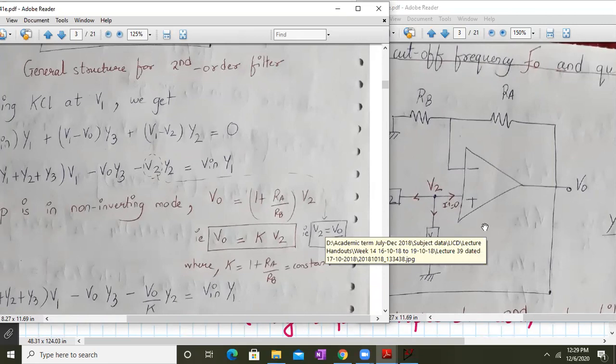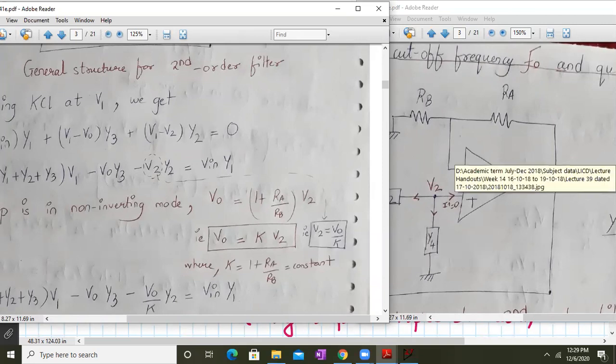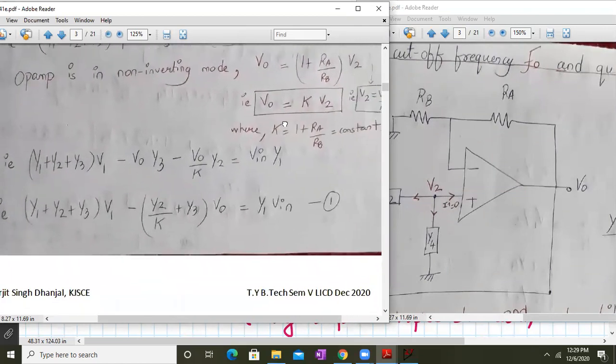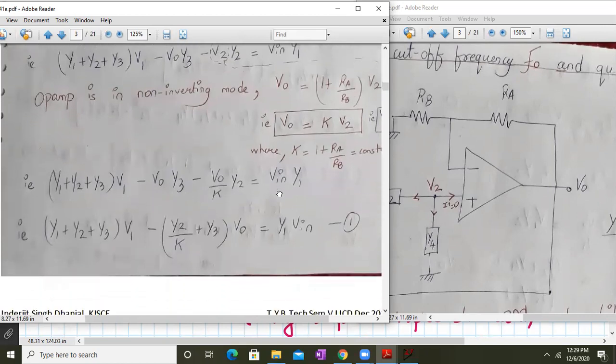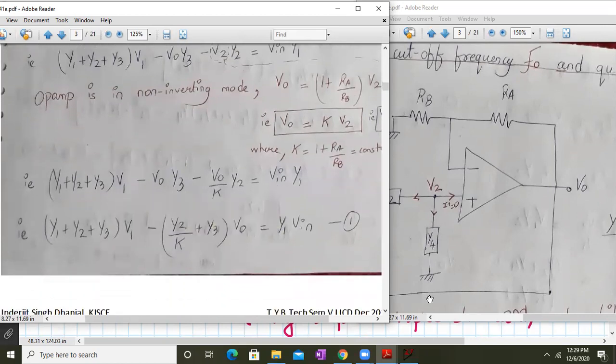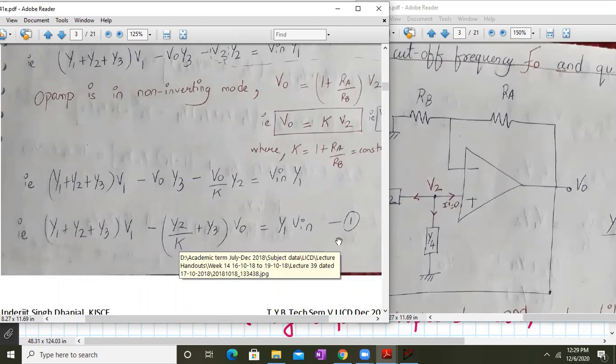So your V2 will be VO upon K, where K is 1 plus RA upon RB. I hope this point is clear. We rewrite the above expression, substituting VO upon K instead of V2, and club the terms of VO together. So VO will contain two terms, (Y2 upon K plus Y3), which is equal to Y1 into Vin. So this is our equation number 1.